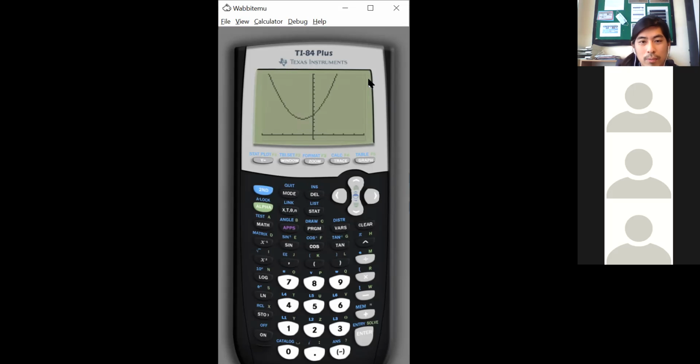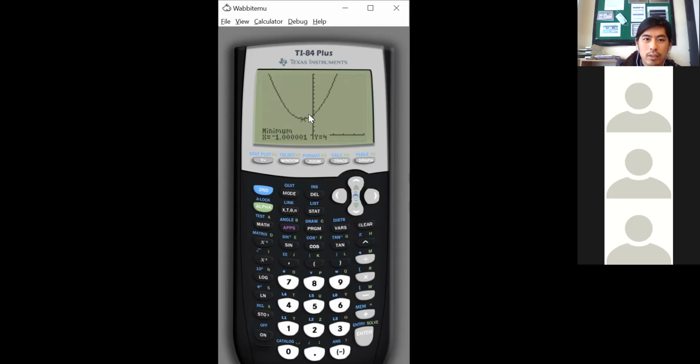So we can find the minimum on this graph. How do we do that? We go to the calc menu, calculate. So second, calc. We're going to look for the minimum of this graph. So here's minimum, enter. And we go to the left bound, the right bound, and somewhere in the middle. Okay.